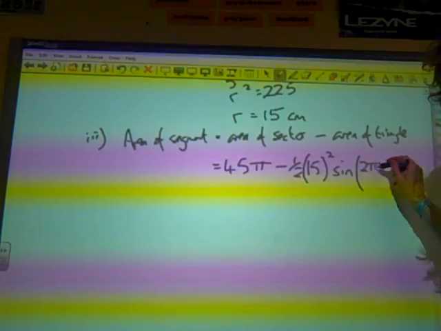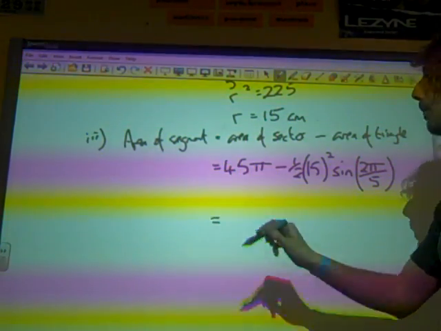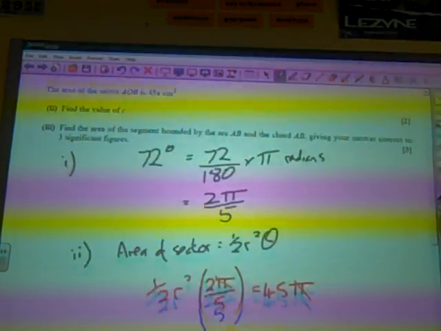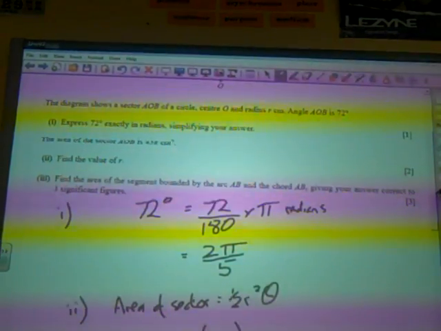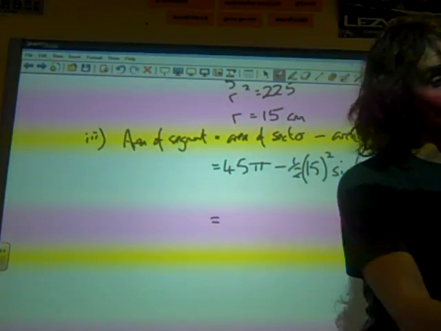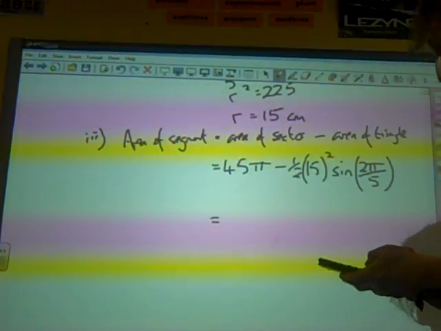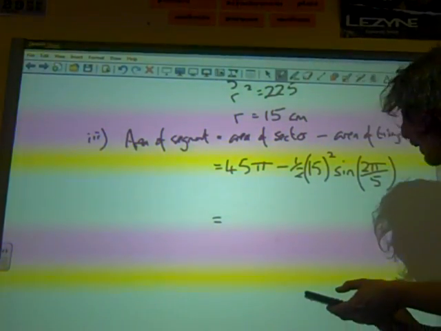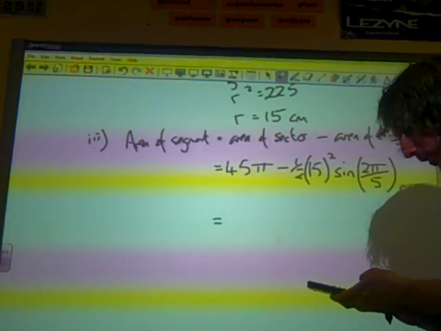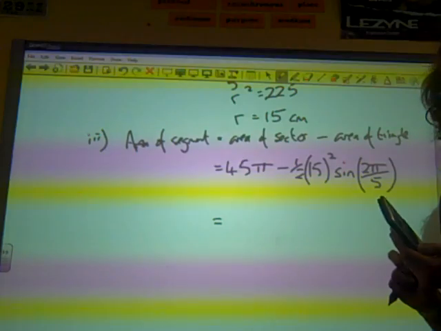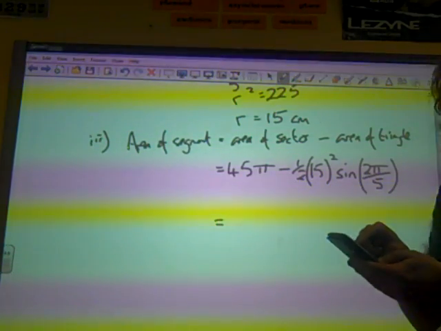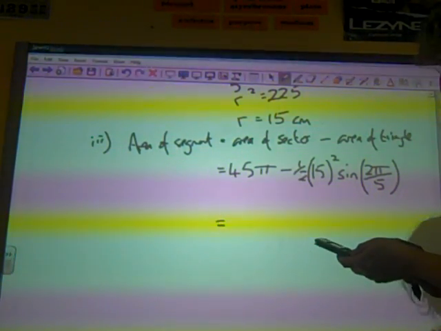2 pi over 5. And somebody's going to have to help me out with this by actually typing this into a calculator, because I haven't got one. I did say answer correct to 3 significant figures. So we just type that in. Henry's been nominated. Oh, let's see. Dave's been nominated.